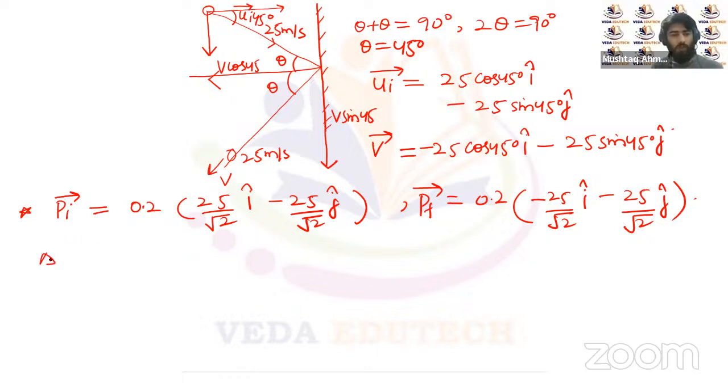The change in momentum delta p will be equal to the final momentum vector minus the initial momentum vector. So you can just subtract the two vectors.